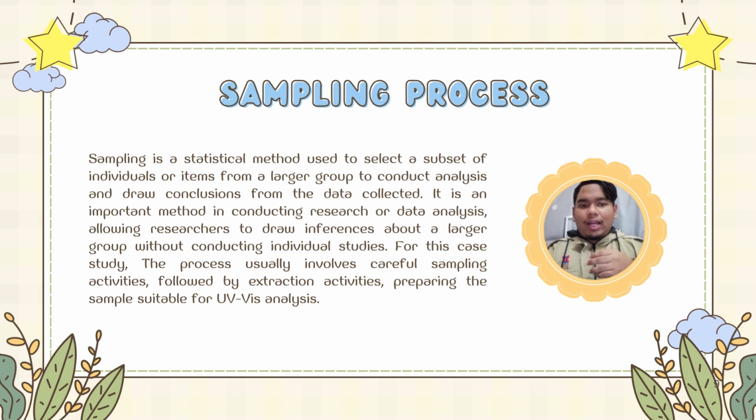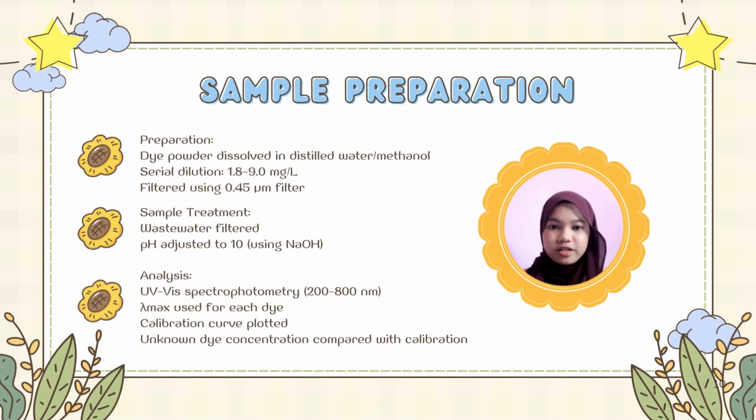study, sampling was followed by extraction activity and preparing the samples suitable for UV-Vis analysis. For the concentration calibration, stock solutions were prepared by dissolving the dry powder of the dye into distilled water or methanol.